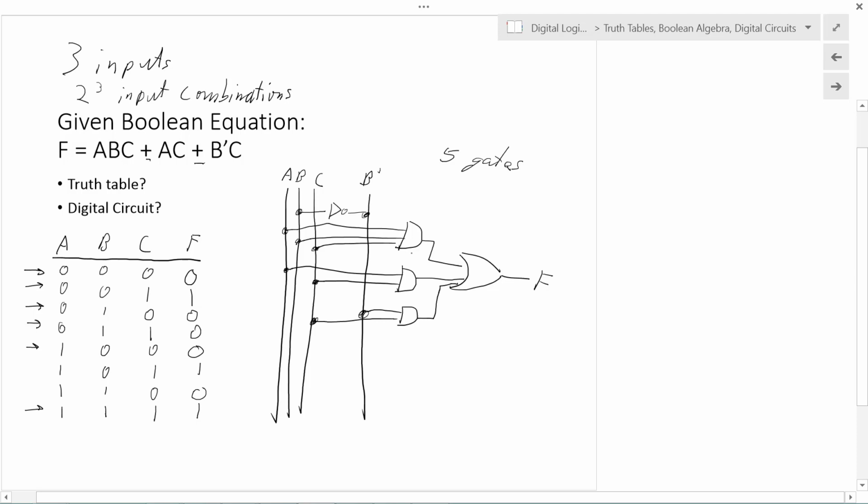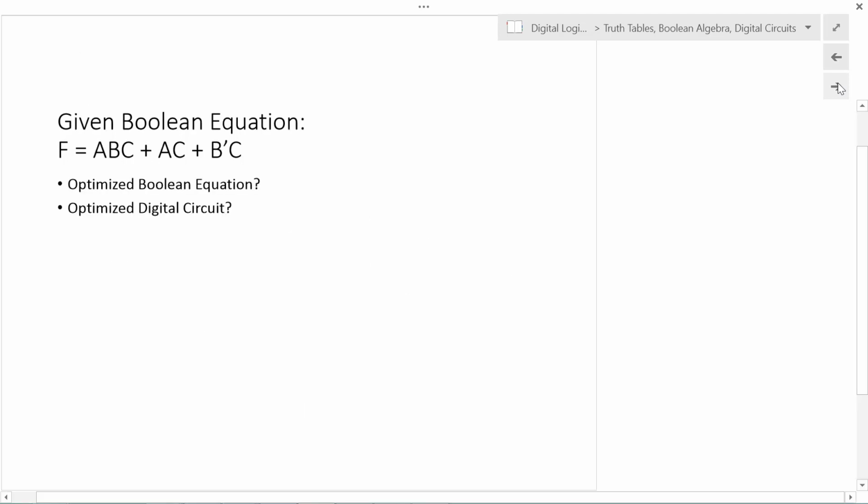Now, there are multiple ways to optimize for this, and we'll talk about primarily optimization of logic gates. So, looking at the equation again, how do we get an optimized Boolean equation? There are multiple ways to optimize a Boolean equation to get a smaller digital circuit.